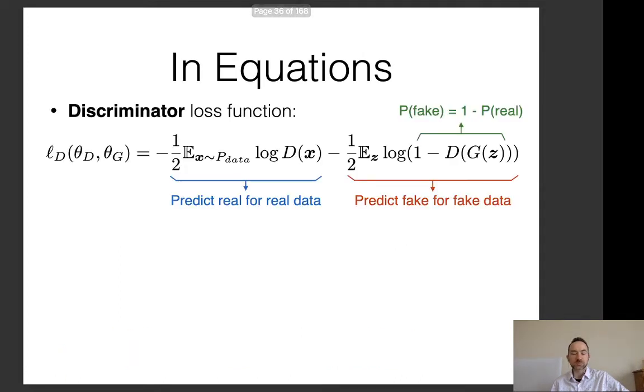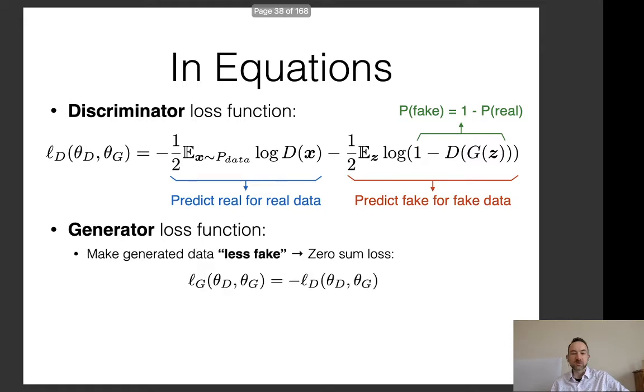So in equations, what this looks like is we have the discriminator loss function, which is an expectation over the data, where we encourage it to predict real for real data. And we have the expectation over the latent variables, where we encourage it to predict fake for fake data. And then for the generator loss function, we try to make the generated data less fake.